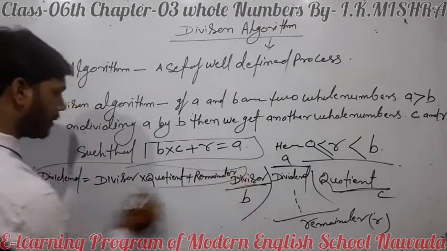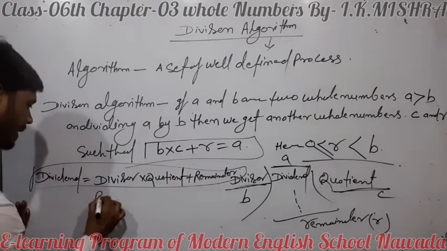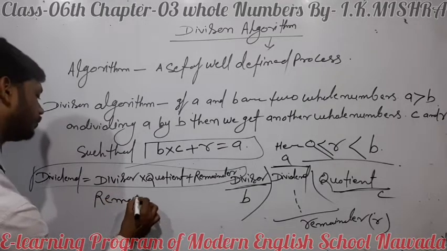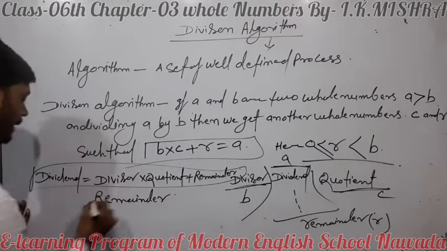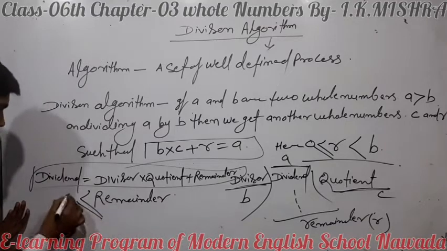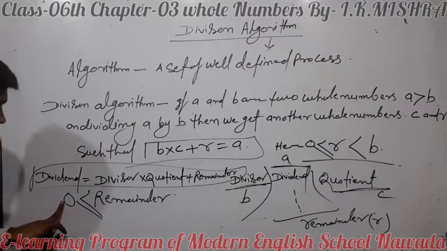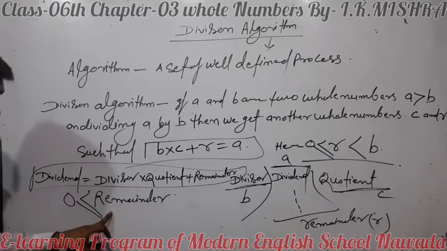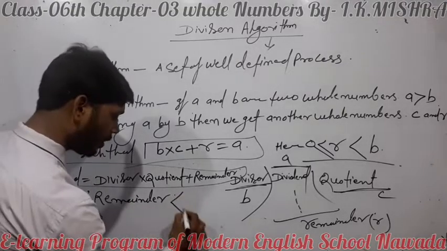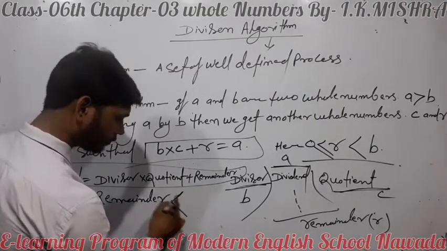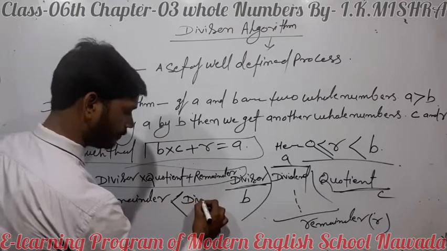And always notice the remainder is either equal to 0 or greater than 0, but always less than the divisor.